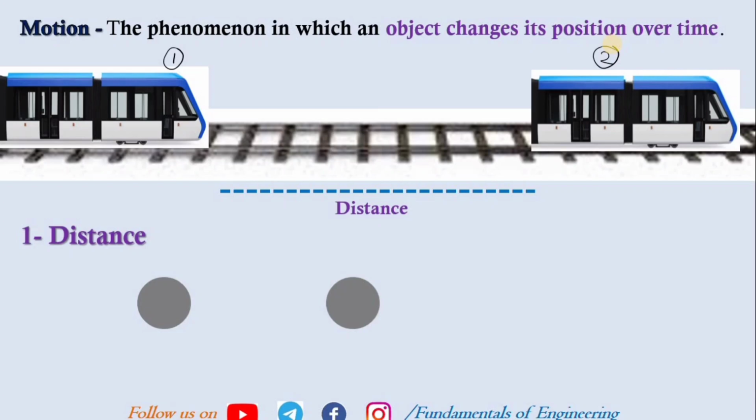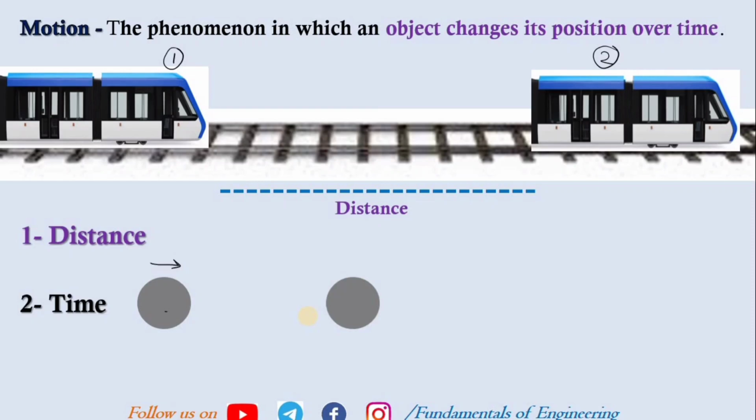Distance is the total movement of an object without any regard to the direction. Whenever we give the motion, the object travels from this location to this location, and for that it takes time. Time is the measured or measurable period during which an action, process or condition exists or continues. In between that, it covers some distance.